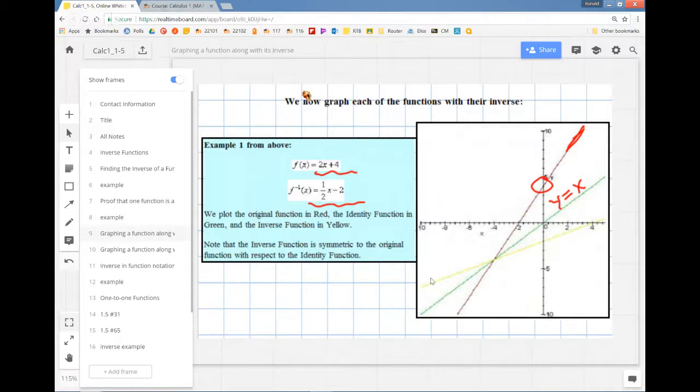And I put the identity function in green, y equals x, and do you notice how the yellow line is the mirror image of the black line with respect to the identity function? So if you tip your head sideways, you can see we have a perfect mirror image there, and that will always be the case when you plot an inverse on the same axis.